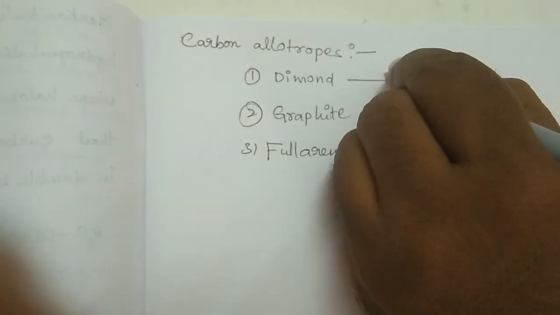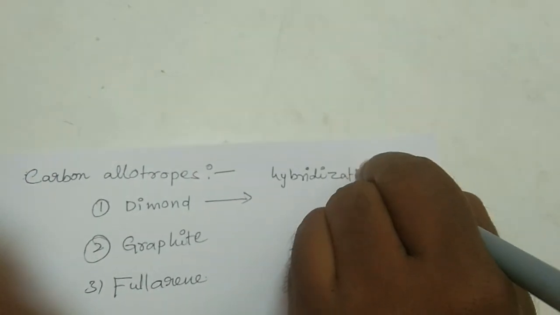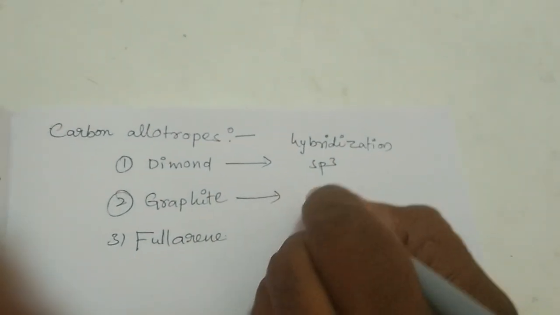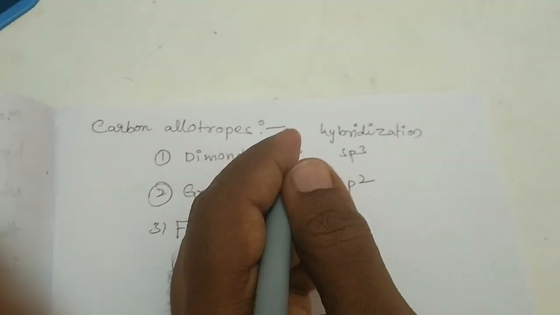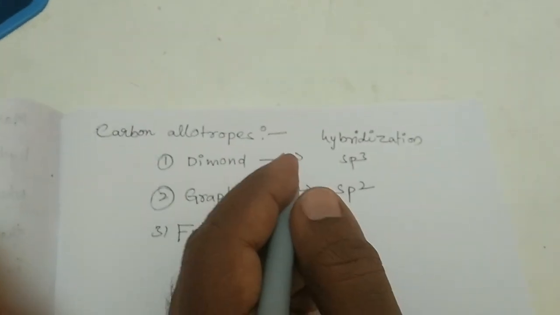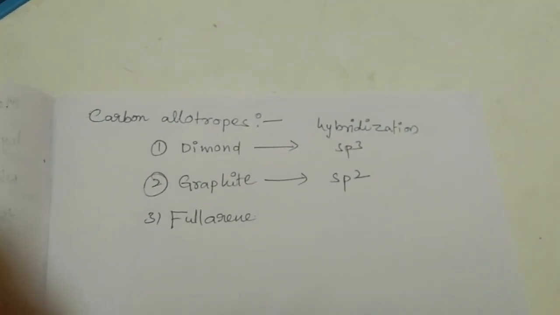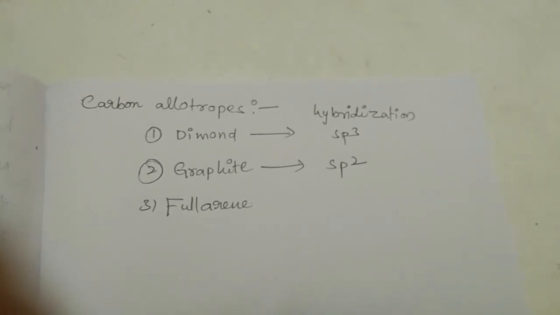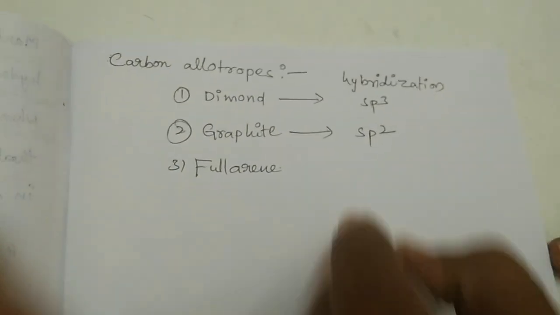So in diamond, the hybridization of carbon is sp3. In graphite, the carbon hybridization is sp2, and in fullerene, the carbon hybridization is sp2.